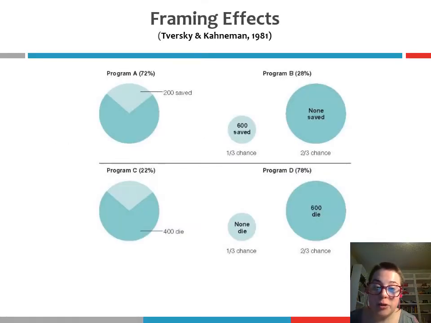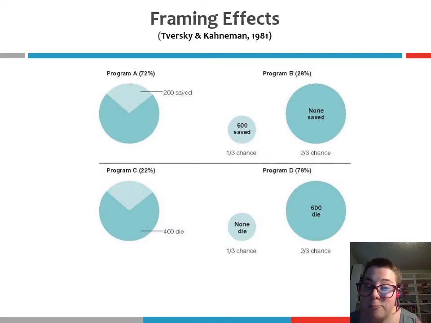So the first thing to notice here, if you haven't noticed already, is that if we look closely at these 4 programs, there's actually identical pairs, right? So for example, in program A and program C, 400 people die, right? So in both programs, 400 people die, yet 72% of people chose program A, while only 22% of people chose program C, right?